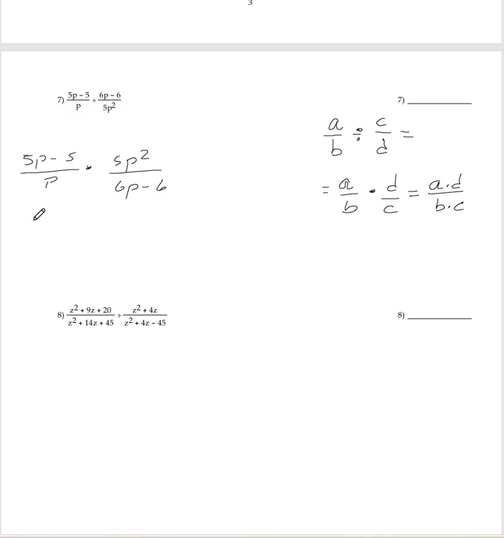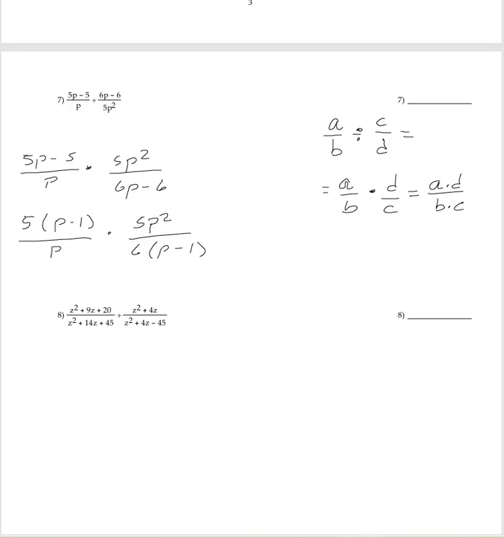Ready to factor common factors out? 5 times p minus 1, so we have a common factor 5. Then here we get p, the 5p squared stay like that. And then 6p minus 6, we have a common factor 6. And then we get p minus 1 here.